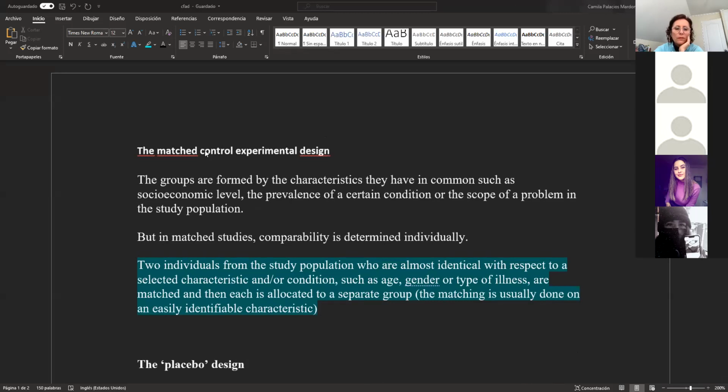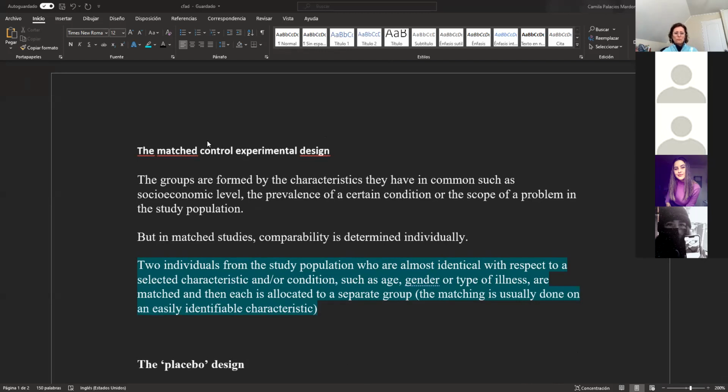Do you see the work? Yes, yes. Okay. The matched control experimental design is about groups formed by characteristics they have in common, such as socioeconomic level, the prevalence of a certain condition, or the scope of a problem in the student population.